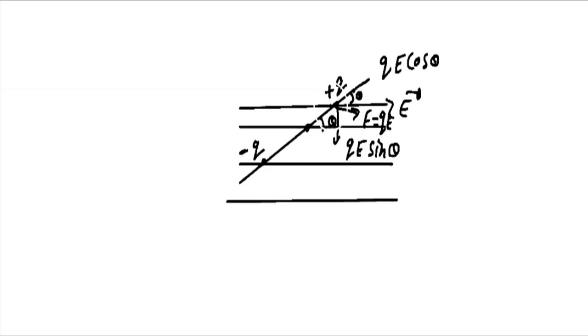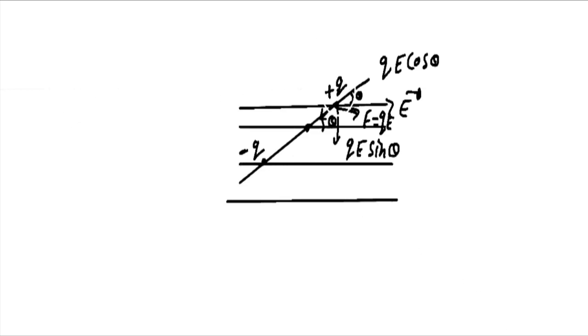Here there is tension T on this side, so the tension cancels out the force qE cos theta. We have to find the time this dipole takes to come here.